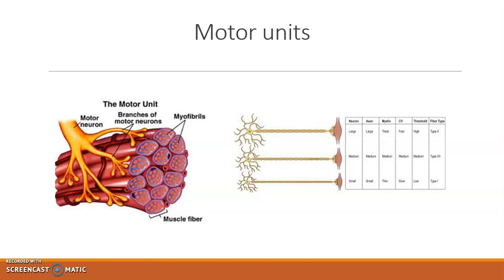The number of motor units also depends on the size of the contraction. A large contraction will require as many motor units as possible to generate the power needed, but not that many motor units. Few motor units will be recruited for small contractions as less power is required for them.